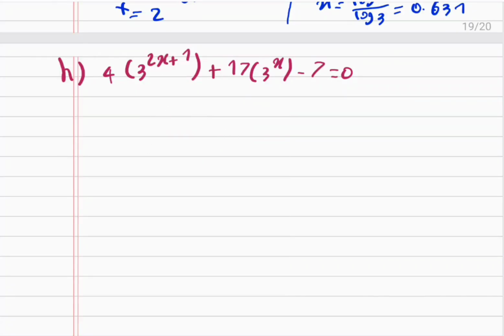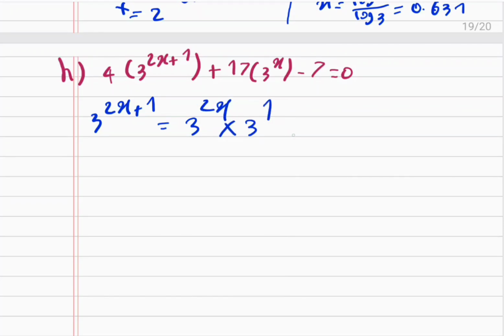In this case, before we start changing the variable, we can simplify this term first, because we want to have this in the form a to the power of 2x. So we want to get rid of this plus 1 from the power. A very simple way is realizing that 3 to the power of 2x plus 1 is the same as 3 to the power of 2x times 3 to the power of 1.